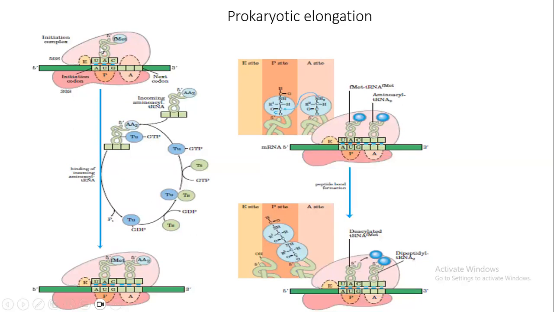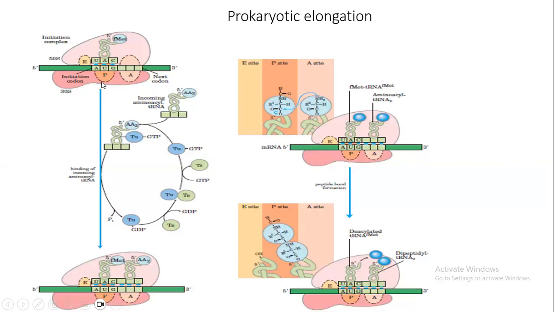The initiating formylated methionine transfer RNA is present at the ribosomal P site by codon-anticodon interaction. And the next amino acid will now enter at the ribosomal A site.